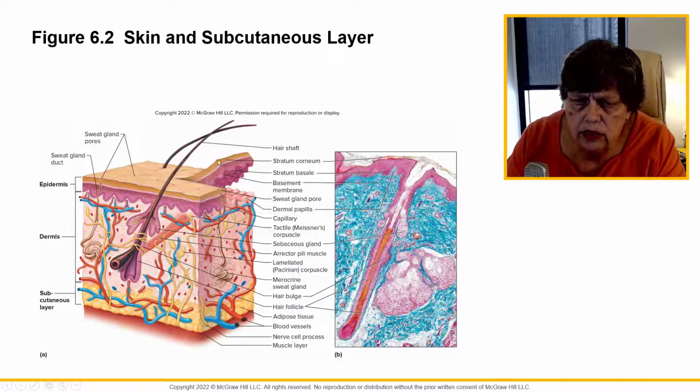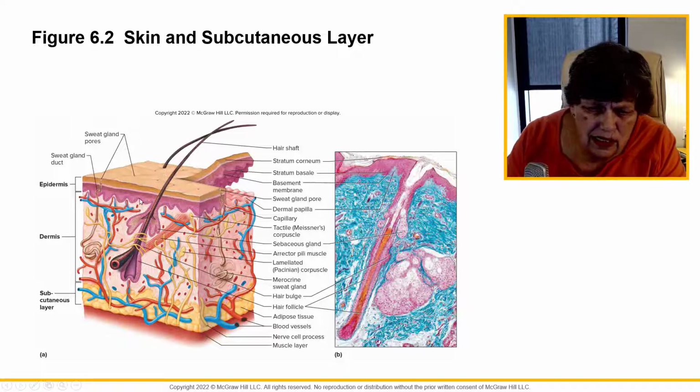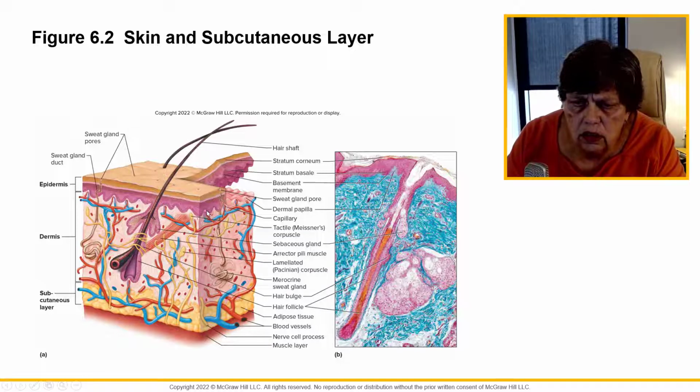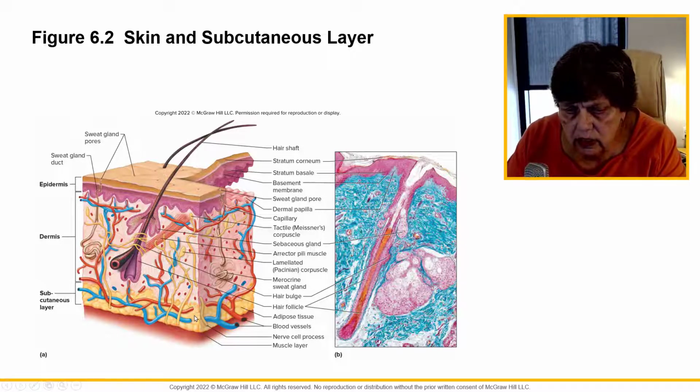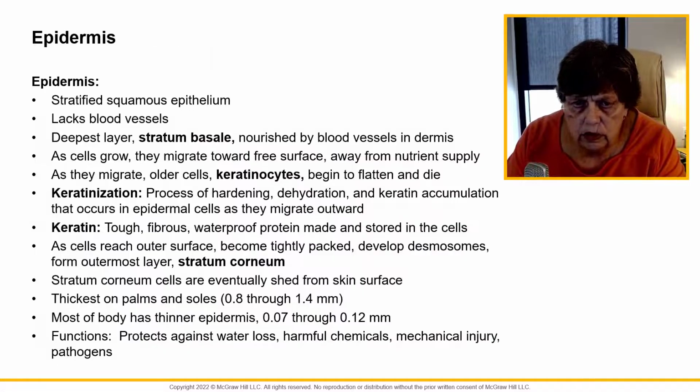There are several layers to this epidermis, 5 layers, and then you can see this basement kind of uneven. It's connected to these dermal papillae, and that is the top part of the dermis, and you can see that very thick dermis, and then undercutting that, the subcutaneous layer or the hypodermis.